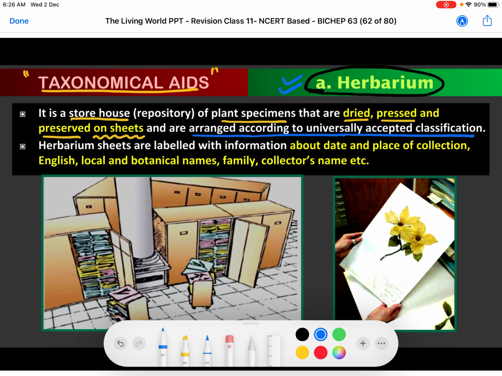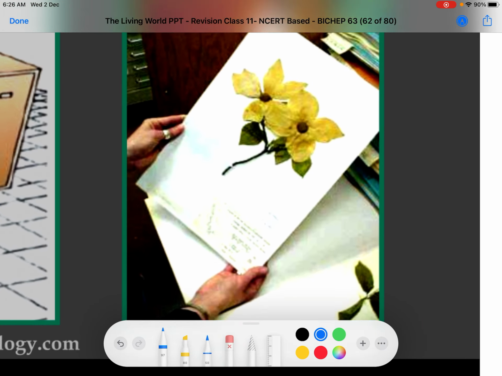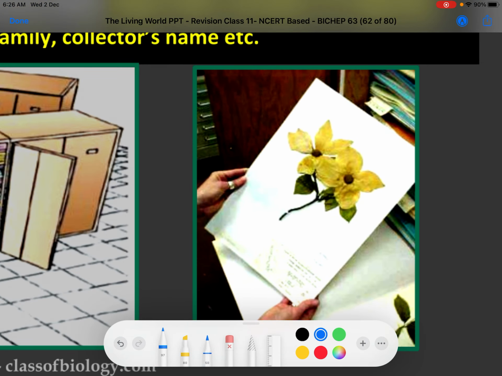For example, a particular individual is in the field to understand the biodiversity. He or she has found a particular species of plant. So, he or she is supposed to take a small cut part or specimen of that plant, which must contain a few basic parts.